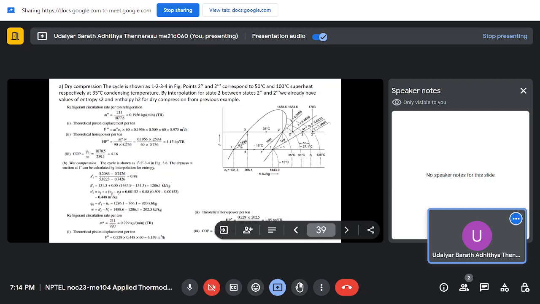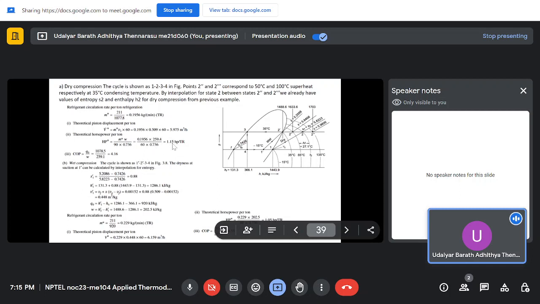So theoretical horsepower is m dot into specific work done, which is 259.4, which is h2 minus h1, divided by 60 into 746.